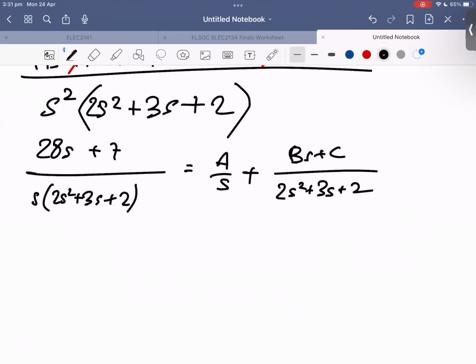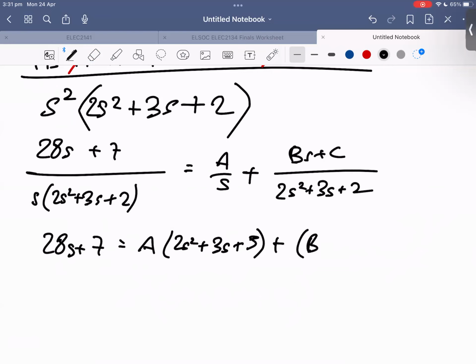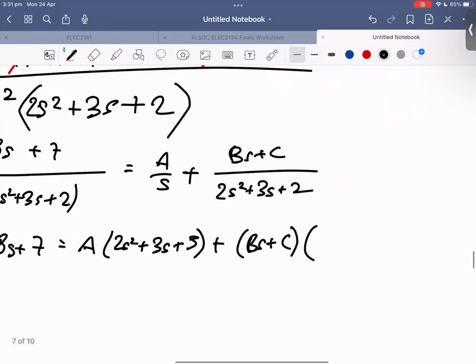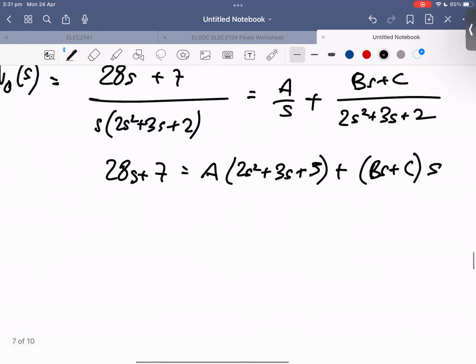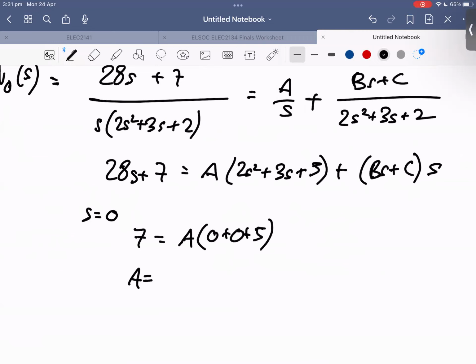Okay. So multiplying everything by the denominator, you should get A times 2S squared plus 3S plus 2, plus BS plus C, and then you've got times S. So if we sub in S equals 0, we can straight away get A. So 7 equals A times 0 plus 0 plus 2.